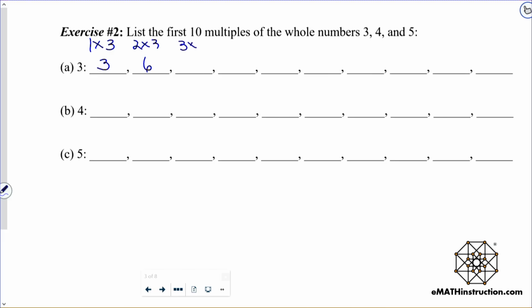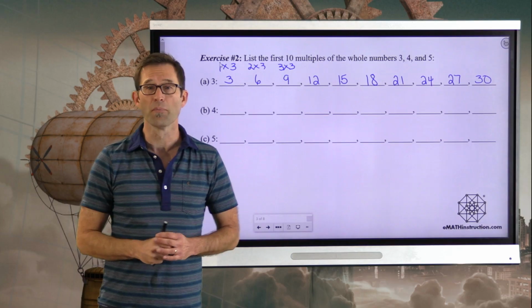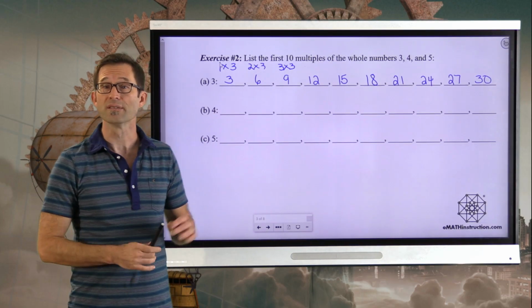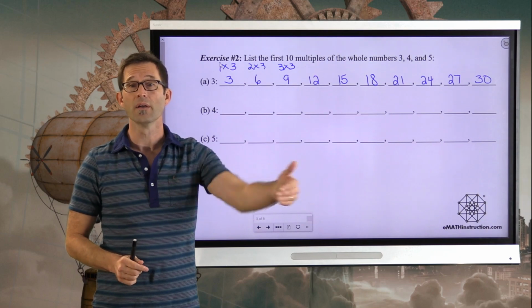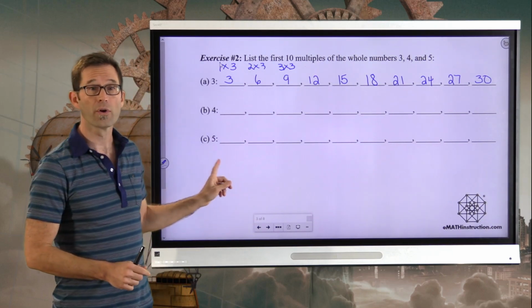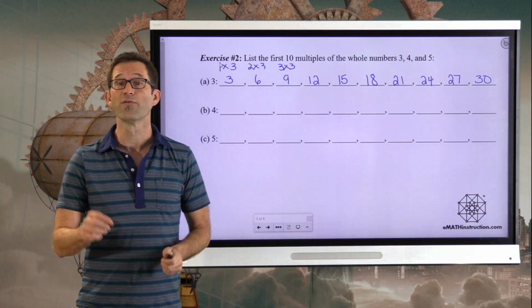If you have 3 threes, you have 9, etc. 4 threes would be 12, 5 threes would be 15, 6 threes would be 18, then 21, 24, 27, and 30. Those are the first 10 multiples of 3 because every one of these numbers is simply 3 times another whole number. Why don't you figure out the first 10 multiples of the numbers 4 and 5?